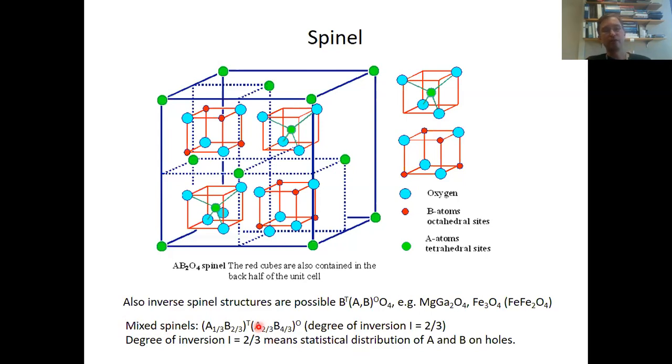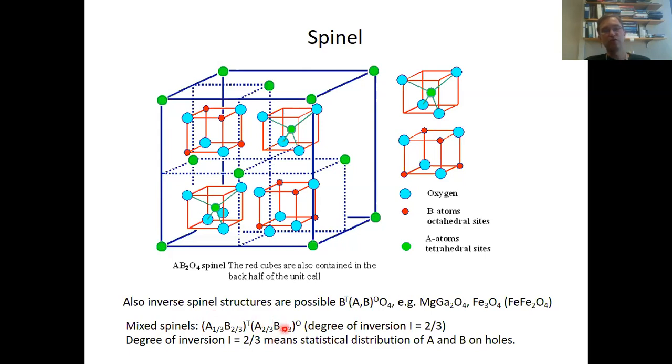Now, of course, we have to have 2 times as many B atoms than A atoms, so that would require that the ratio of A to B in the tetrahedral holes is 1 to 2, and in the octahedral holes that's the same. So you see here the ratio of A to B is 2/3 to 4/3, that's also 1 to 2.